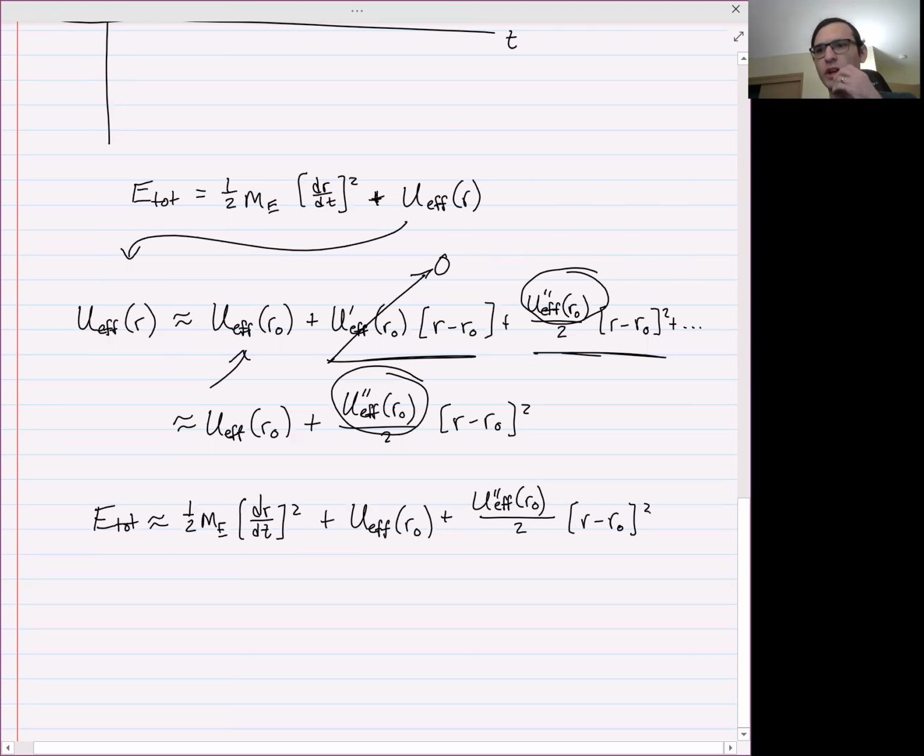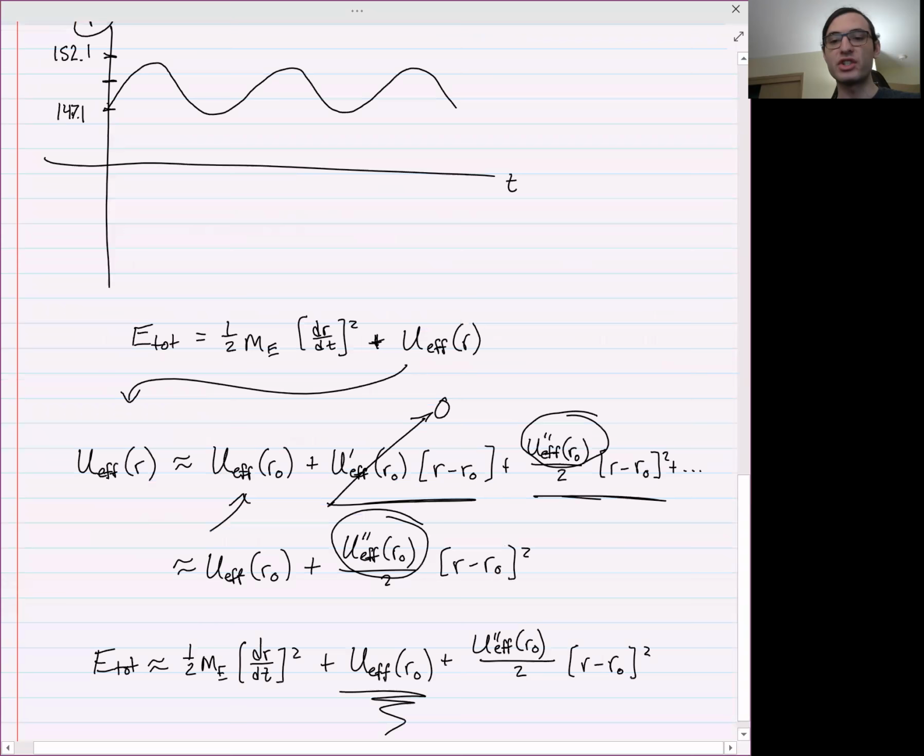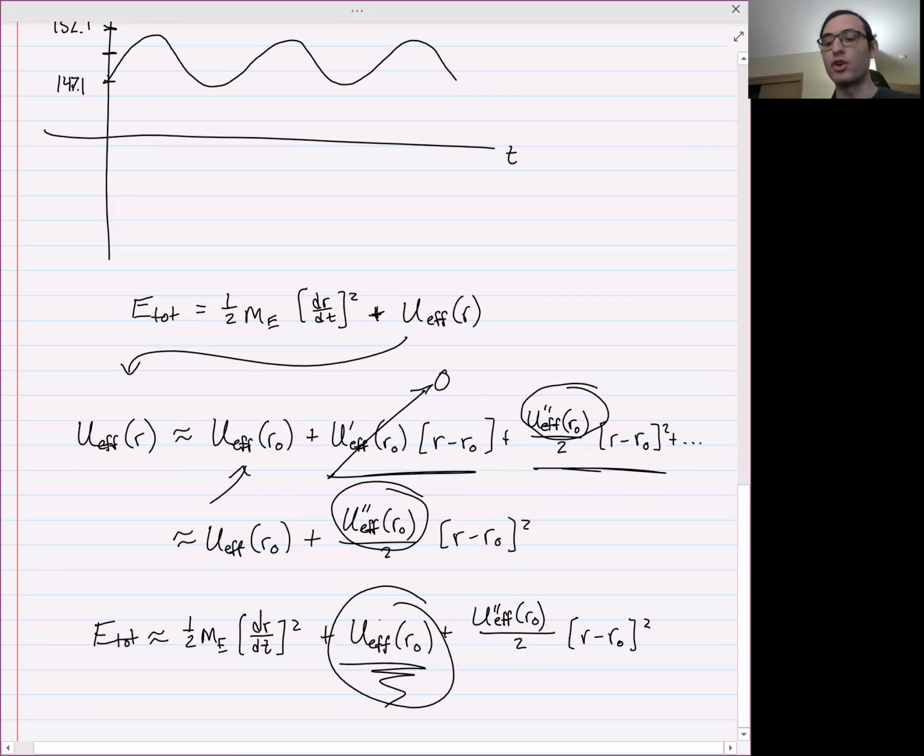Now, this doesn't look exactly like the spring total energy, but keep in mind, this term is just a constant. And because this is a potential energy, we can just subtract that number from the get-go. We could have just started with U effective equal to the original thing minus this. So we can ignore this too.